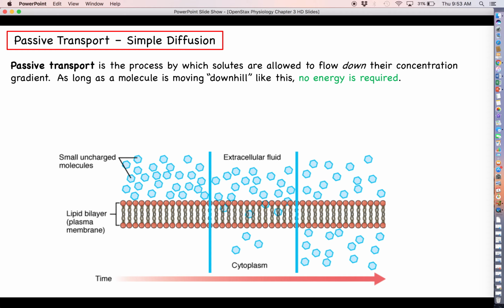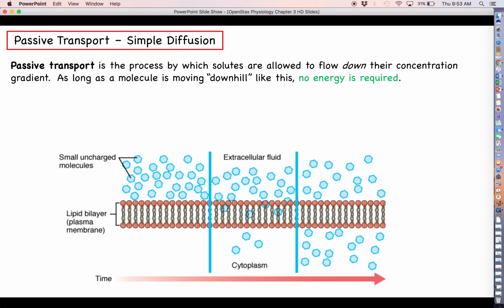This first type of membrane transport that we are talking about is called passive transport. Passive transport is the process by which solutes are allowed to flow down their concentration gradients. You can think of this as, again, the same with energy that we discussed in chapter 1. It's a natural process that tends to go downhill.